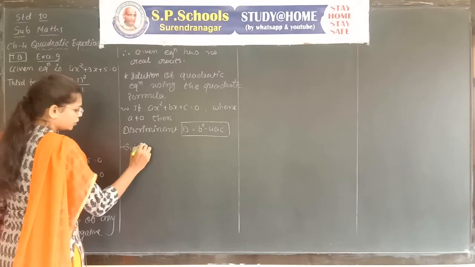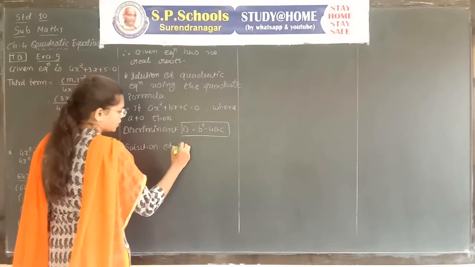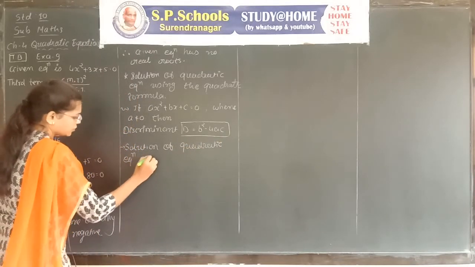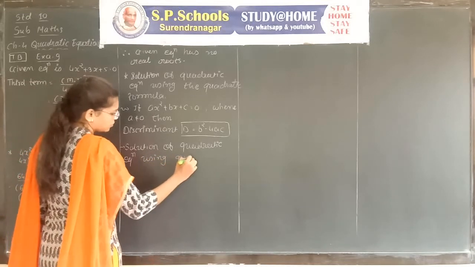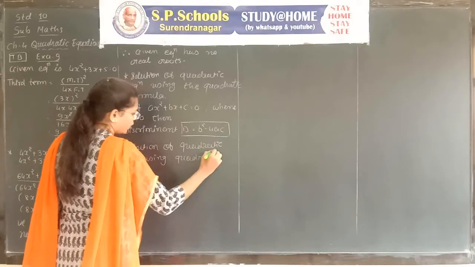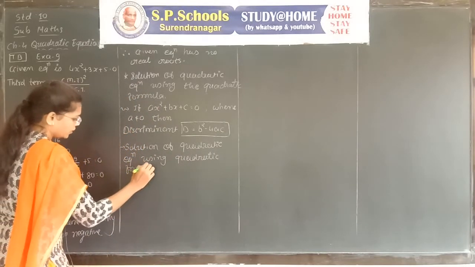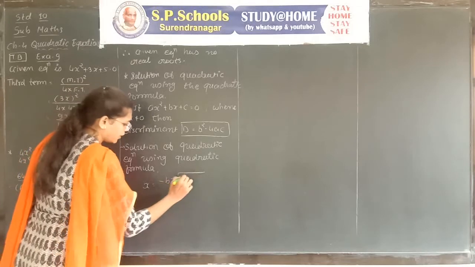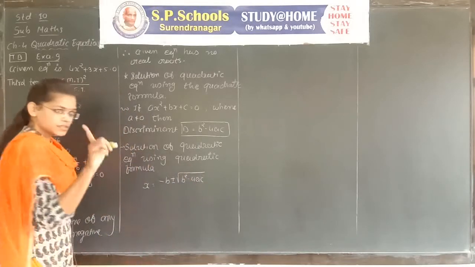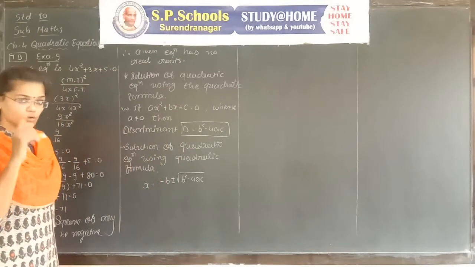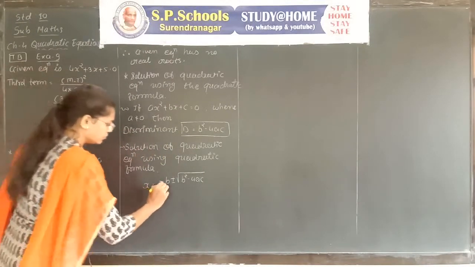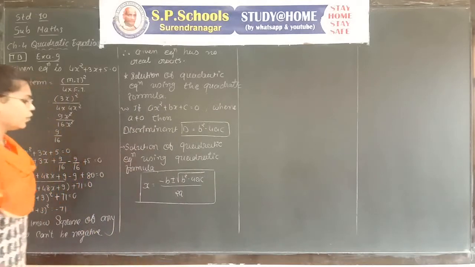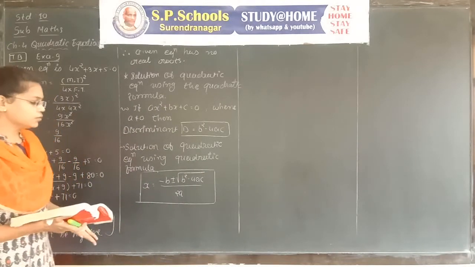Now, the solution of a quadratic equation using the quadratic formula: x equals minus b plus or minus the square root of b² − 4ac, upon 2a. See, b² − 4ac is the discriminant, and the square root is in the formula. This is called the quadratic formula, used to find the roots of the equation.